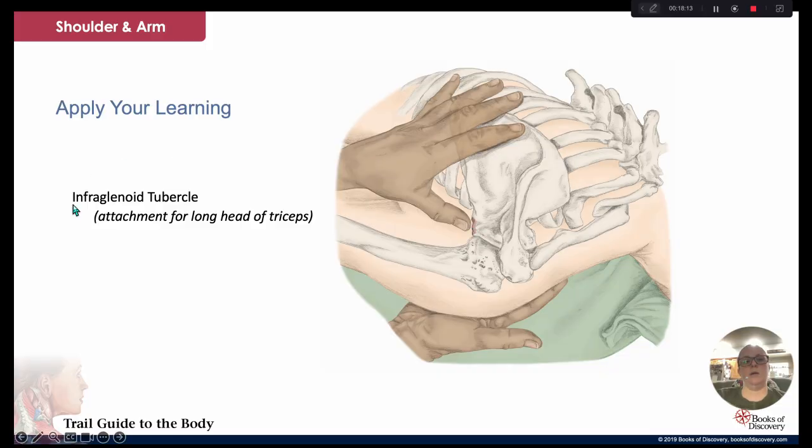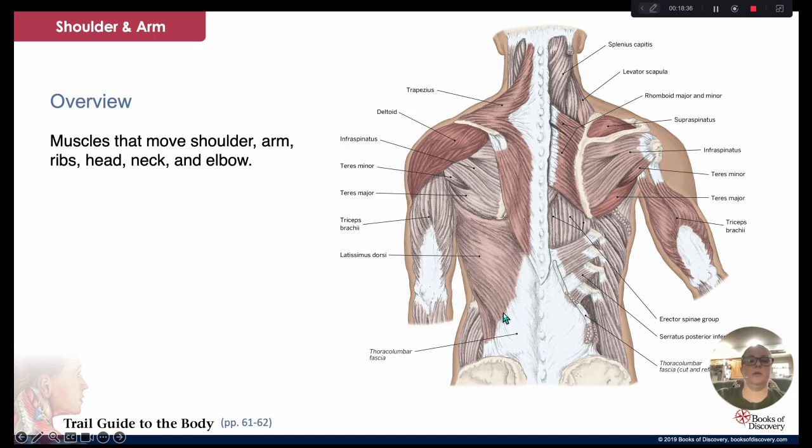If you break down that word, glenoid, we're just going to take the back. That's the glenoid cavity here. And then infra is below. Supra is always above. So if you go just below the socket for the ball and socket joint, that's the infraglenoid tubercle. You can palpate that yourself too.